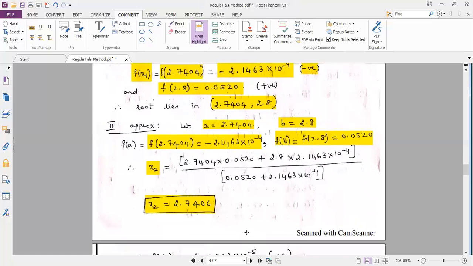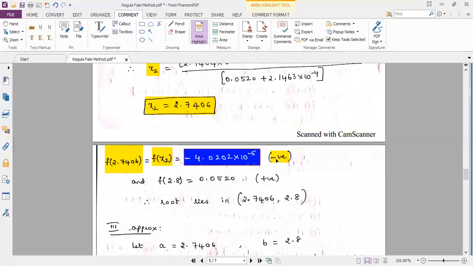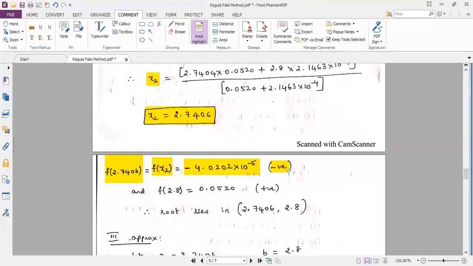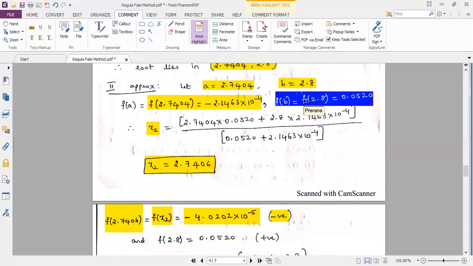So now finding F of X2, let us check where the root lies. Finding out F of X2, which is F of 2.7406, the value is minus 4.0202 into 10 power minus 5, a negative value. So along with this negative, we will take up a positive value from the previous approximation, which is F of 2.8, 0.0520.